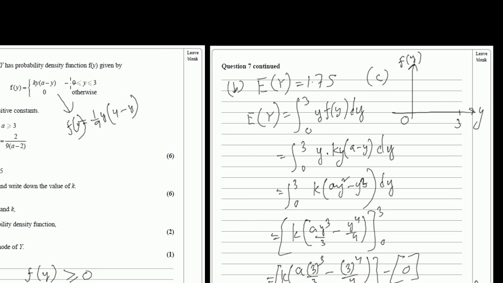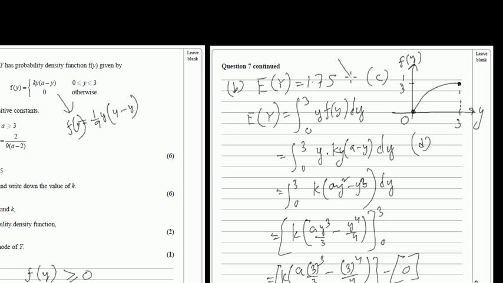For sketching this, first we have to put 0 here. If we put 0, the whole thing becomes 0. Now to find this, if we put 3, 4 minus 3 is 1, so 3 by 9 is 1/3. This is 1/3. Now the shape is minus y squared, so the shape can be like this, a parabola, this portion.